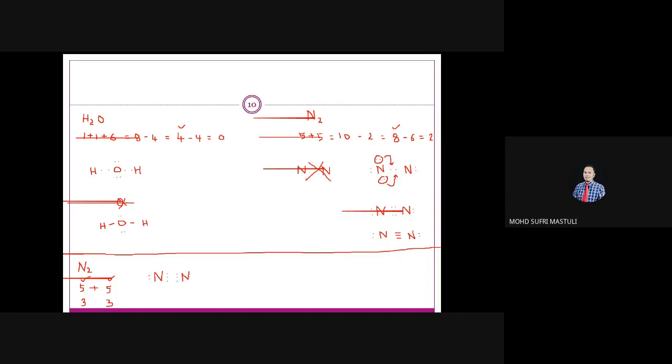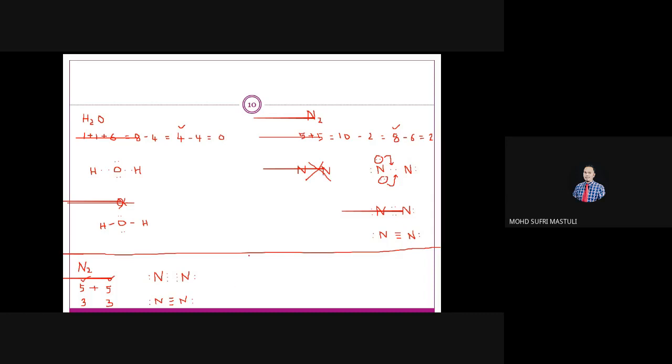Same goes for this one. They share 3 valence electrons, so the leftover is 5 minus 3, which is 2. It's the same. So nitrogen triple bond nitrogen, with 1 lone pair on each.